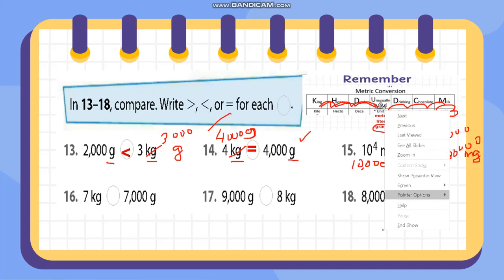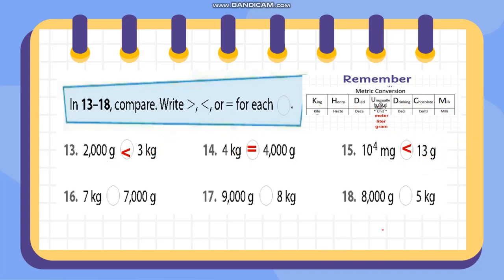Another example, on number 16, I have kilogram and this is gram, so I need to change this into gram. This is equivalent to 7,000 because kilogram to gram means multiply by 1000. So 7,000 gram is equivalent to 7,000 gram. That's why the symbol must be equal.